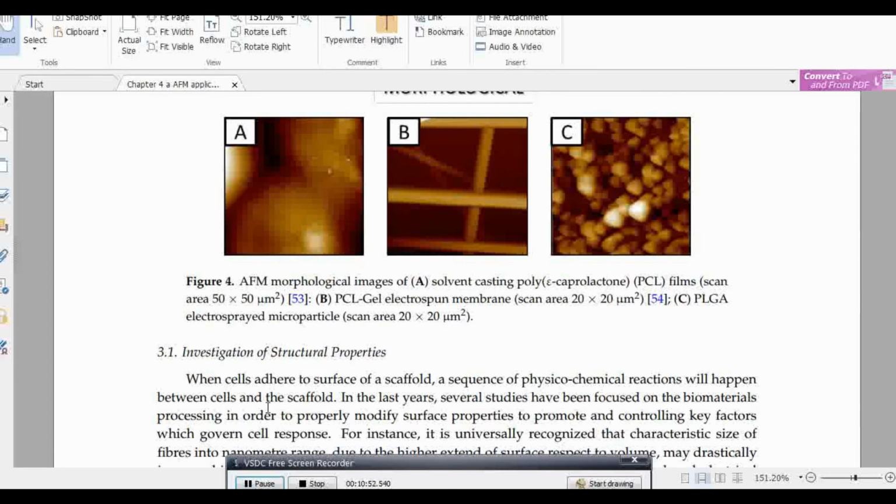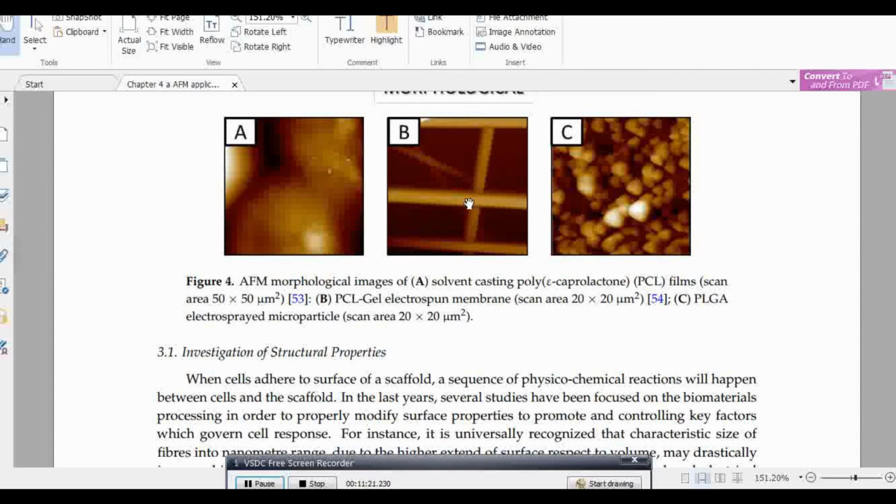Okay, let's look at this figure. AFM morphological images. From the word morphological, you can understand that we're trying to look at the morphology of the samples. Samples A, B, C. Sample A is the solvent casting PCL films, scan area 50 times 50 micrometer.